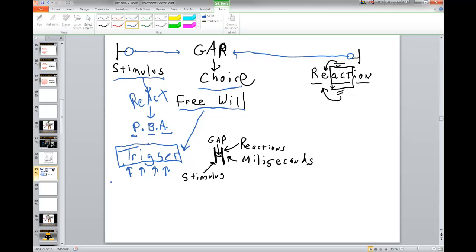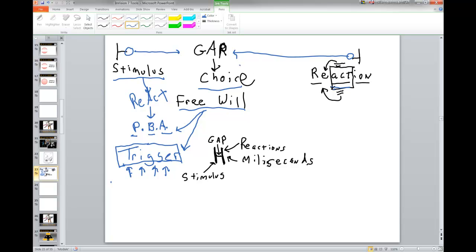I choose, instead of to react, going back into my normal actions, okay, I basically make a choice in that gap. I make first the choice to PBA. I pause, breathe, and affirm. And I do that to stop my normal behavior, to stop my normal thinking, to stop that reaction, and to really buy time.